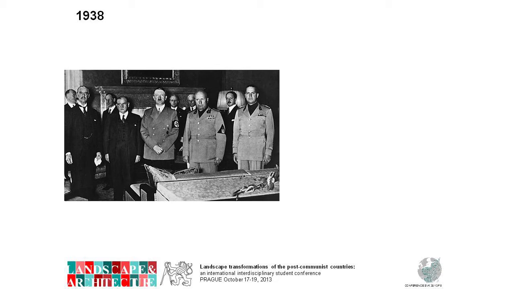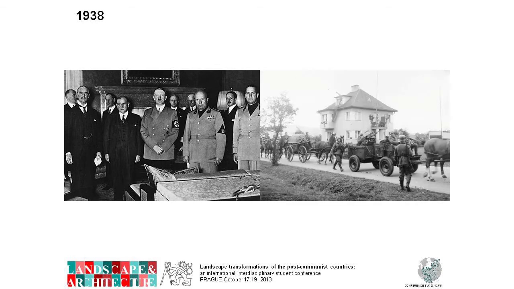In 1938 the Munich Agreement caused Sudetenland to be occupied by Germans, and the German population, because they did not have a good relationship with the Czechoslovak government, perceived this change as something that is actually good for them because of these cultural tensions.